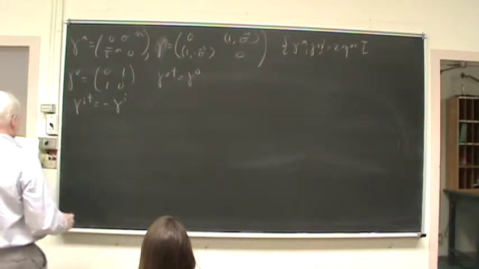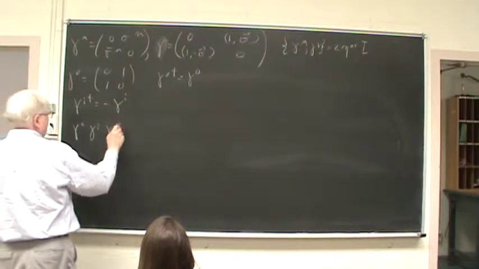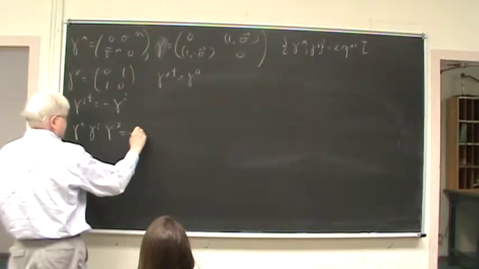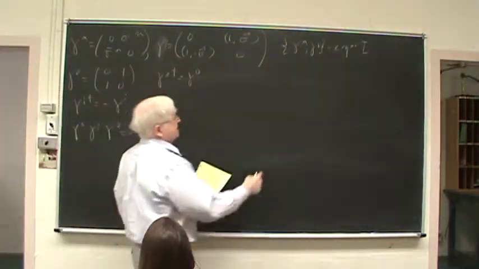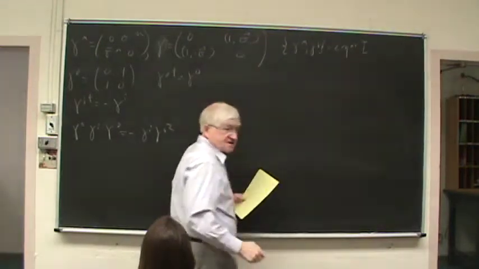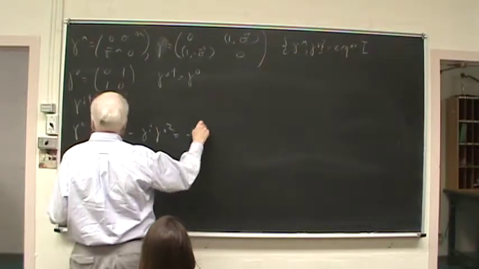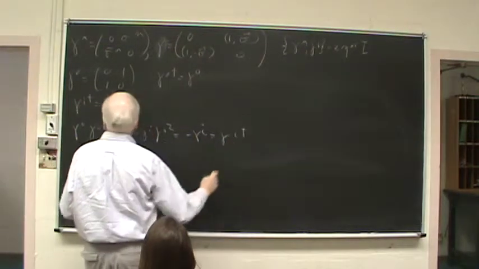Now let's play with these gamma matrices a little bit. γ^0 γ^i γ^0. What is this? Well, this anticommutes, so this is minus γ^i (γ^0) squared. γ^0 squared is plus 1 in Schwartz's metric. So that's minus γ^i, which is also γ^i adjoint.